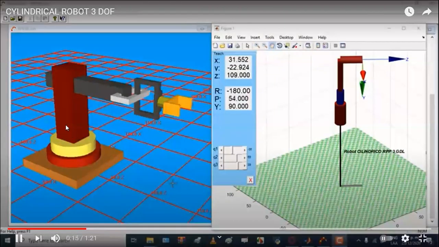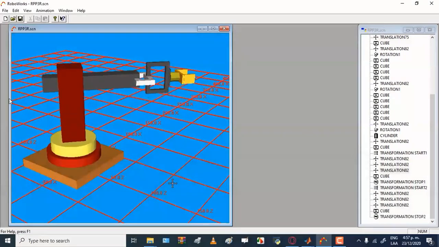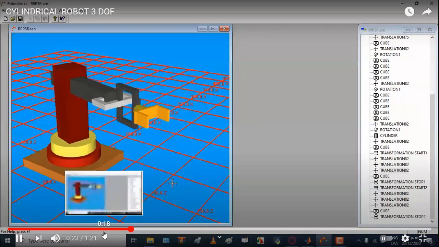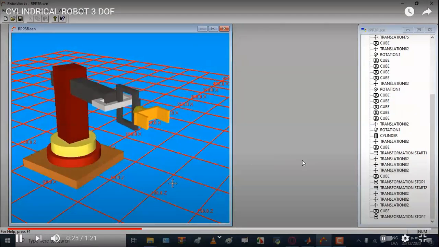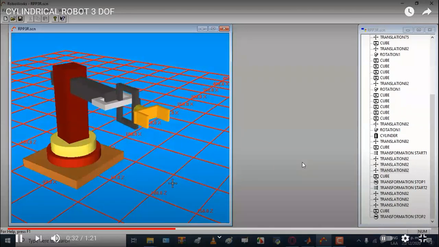See that this pillar, it will rotate. This arm can move. It will go inside, it will come outside, and this arm also moves up and down. See that it is now coming down, going up. This is the end effector.